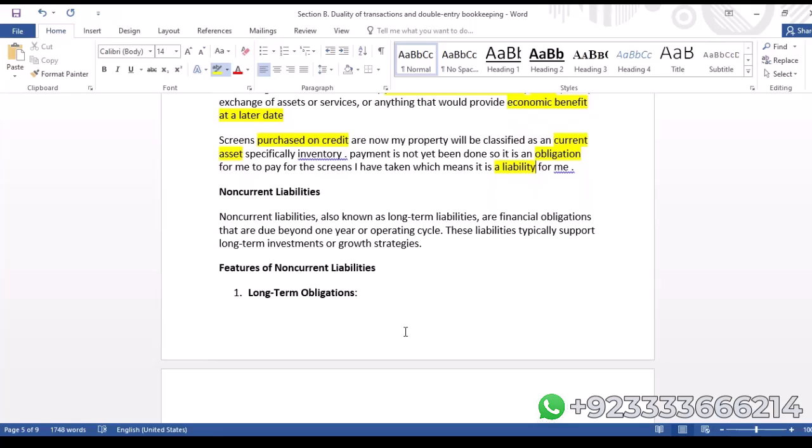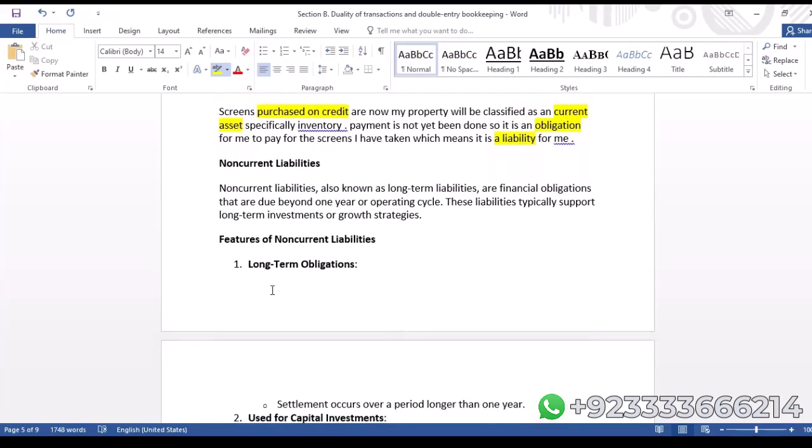The same concept of non-current asset applies for non-current liabilities, which is that it is for more than 1 year. It is a long-term liability. It is a long-term obligation. It is a long-term burden that will be for more than 1 year or more than one operating cycle.